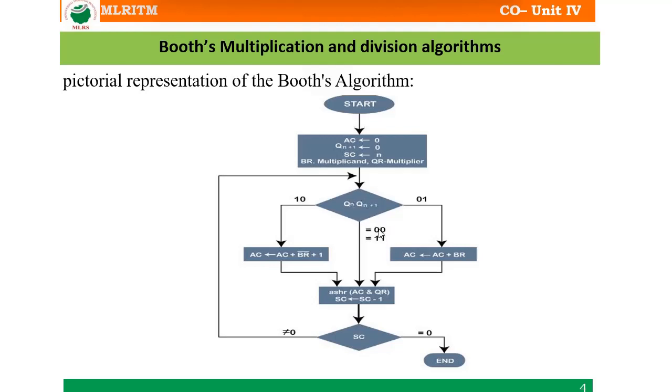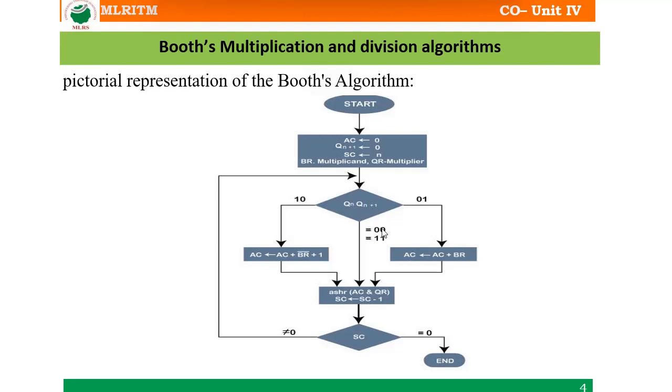If both are equal, that means 0 0 or 1 1. Or Qn is 0 and Qn plus 1 is 1. Similarly, Qn is 1 and Qn plus 1 is 0. These are the 4 possible conditions in comparing Qn and Qn plus 1.